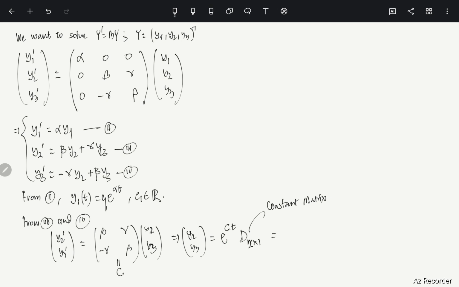Now, if you remember, we talked about this sort of equation, this sort of exponential, beta gamma minus gamma beta, and we saw how to calculate that exponential.